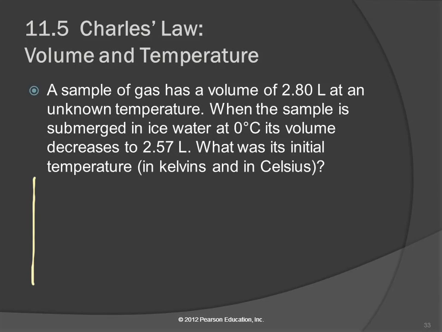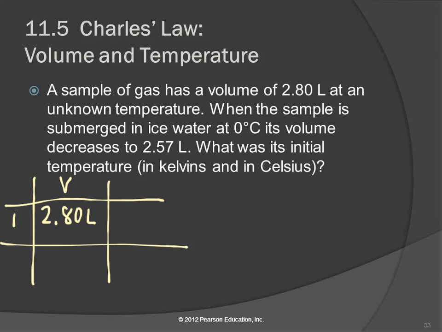So let's make a table over here. And so we've got 2.80 liters, and that's a volume. And so we'll call that condition 1 because we came across it first. At an unknown temperature. So we don't know what the temperature is.